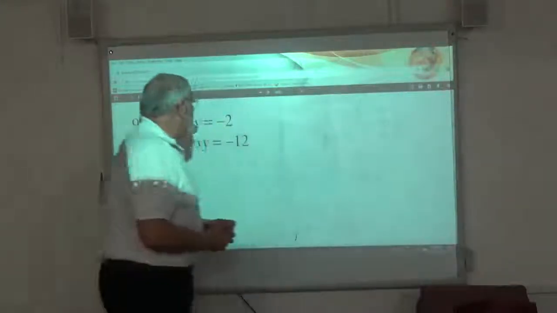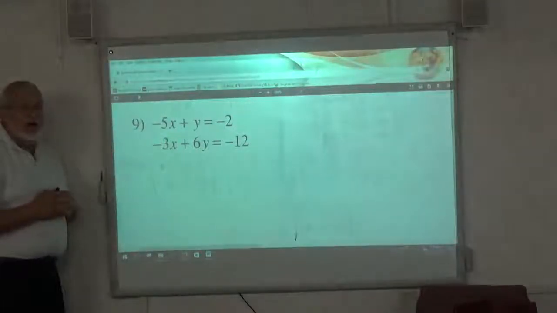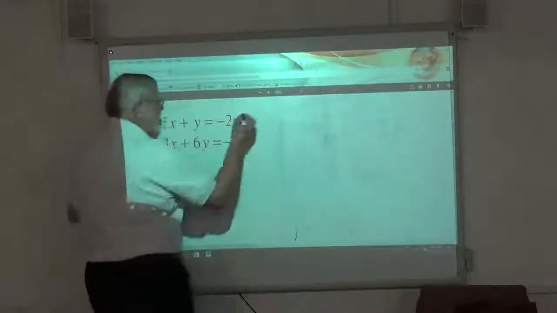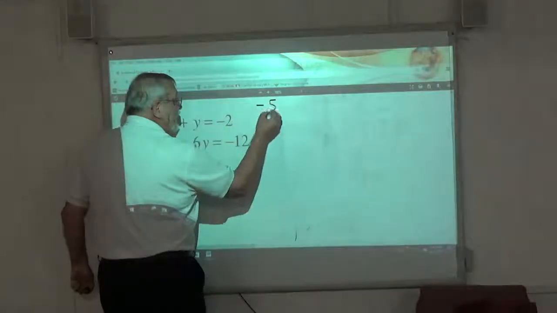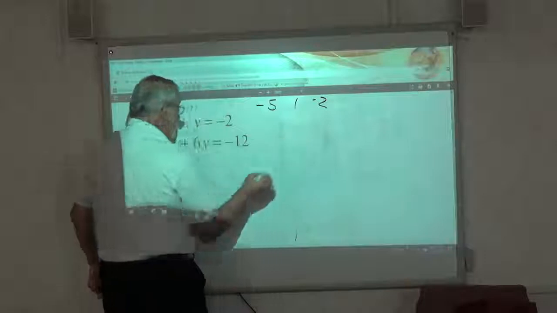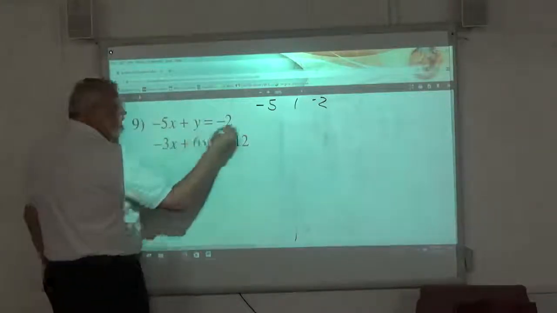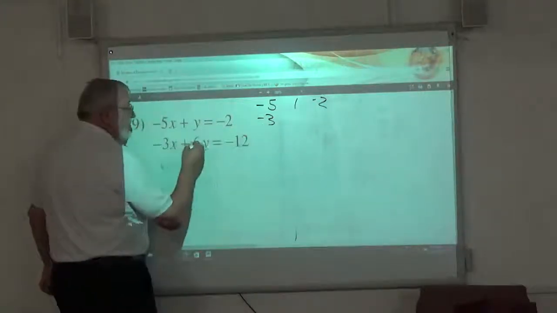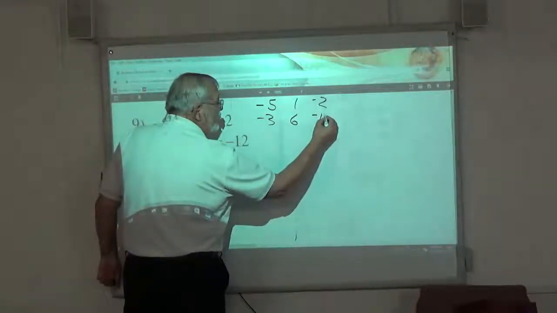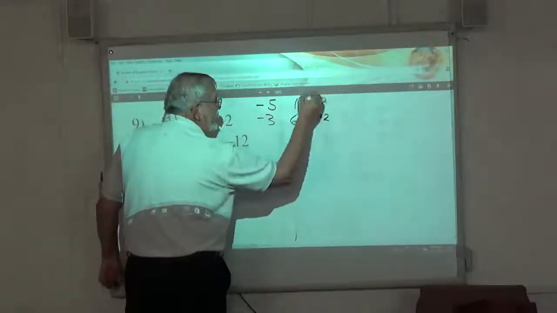Alright, here's two equations. Now, what is the original augmented matrix that you're going to write down on your paper? Negative 5, 1, and negative 2, and then negative 3, 6, and negative 12.